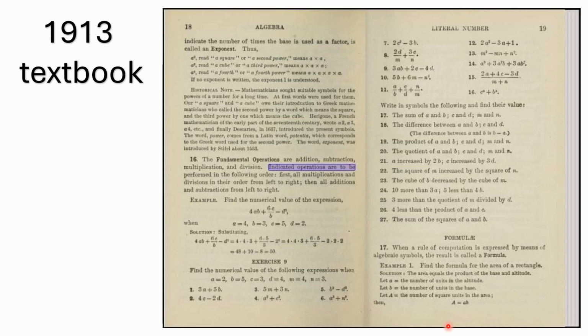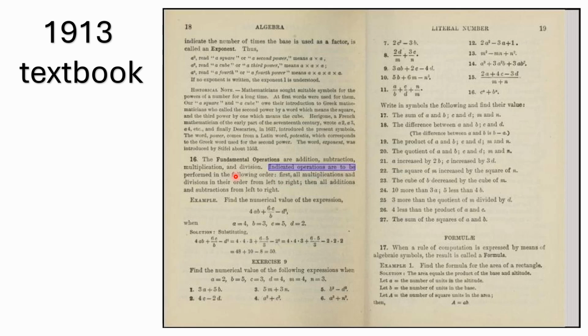Here's a 1913 textbook. Please don't be confused because it says algebra at the top. The order of operations convention applies to algebraic and non-algebraic equations and expressions. But right here it says the fundamental operations are addition, subtraction, multiplication, and division.